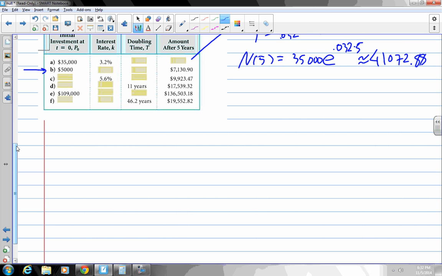But I do know it took 5 years to go from 5,000 to 7,130.90 cents or whatever. And that's e to the power rate times 5. Right? So if I put everything that I know, I get that equation. That's an exponential equation. I can solve this.